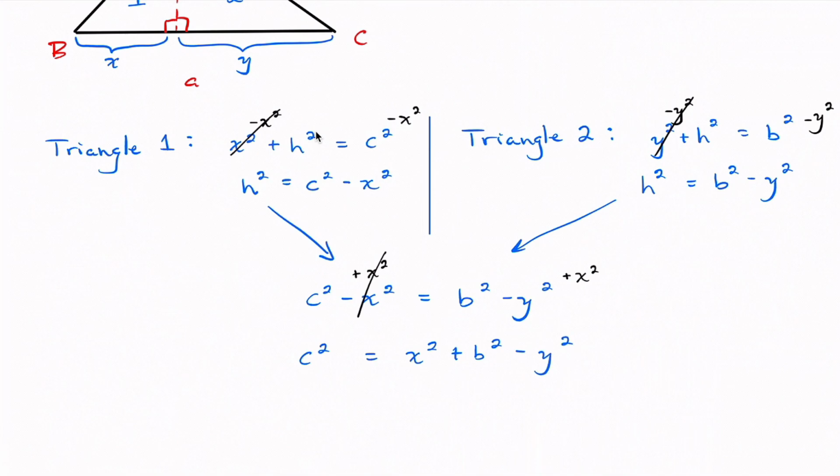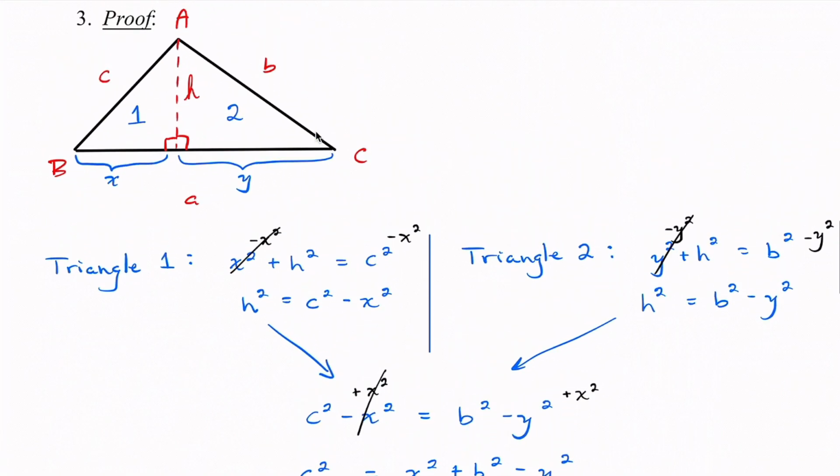Now the x and the y, if I had my triangle here, you're never going to be given part of a side, like this y part or this x part. So what we need to do is we need to get rid of the x and get rid of the y. And to do that, we're going to try to use it in terms of either a, b, or c.